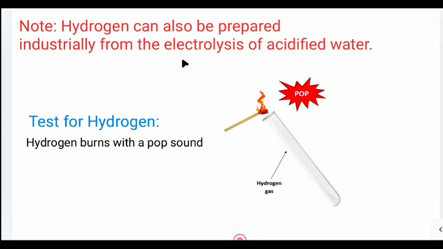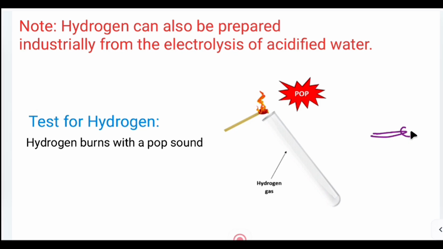Now, how do we test for hydrogen? Remember, at the beginning we said hydrogen has no taste, no color, no odor. So if there is a gas somewhere and I want to know if it's hydrogen because it doesn't smell, has no taste and doesn't affect litmus, how can I find out that gas? Well, you could take a stick of match that is still glowing red.